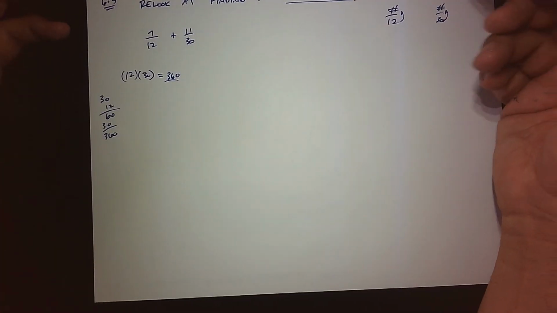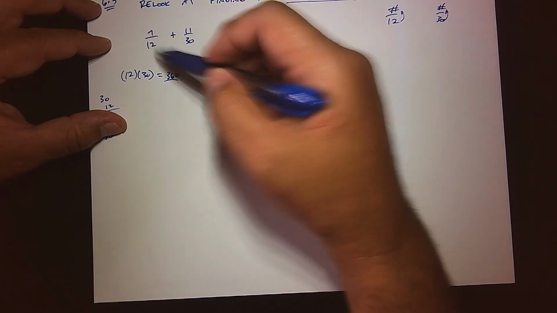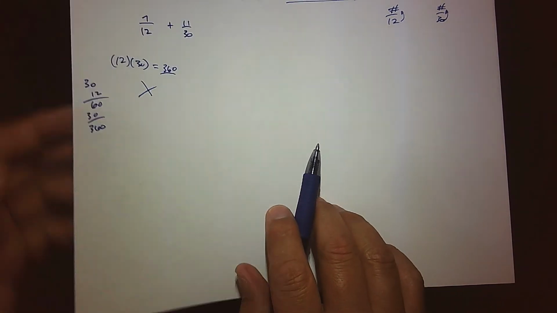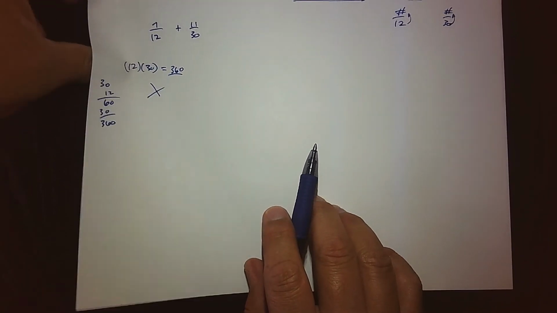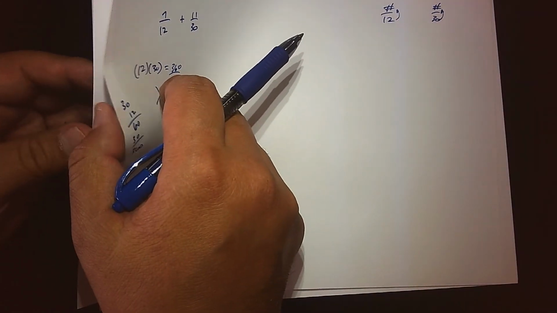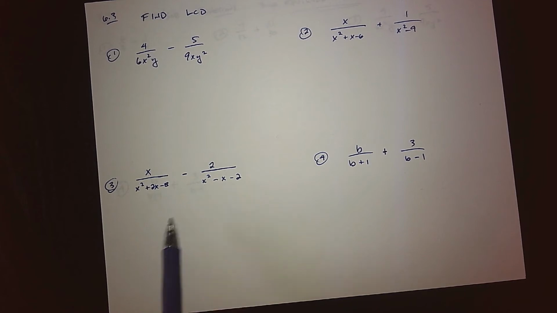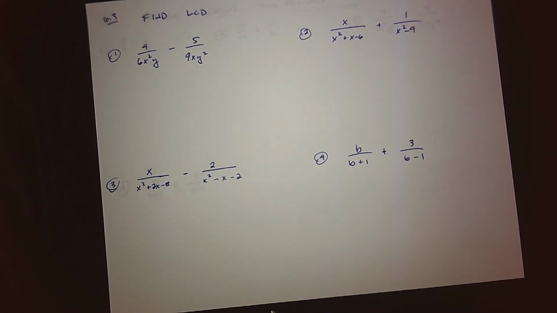Those are some big numbers to be walking around with, so it's probably not a really good way to do it, especially when you look at what's coming. Multiplying the two denominators isn't an economical way to find an LCD. So how do we do that?